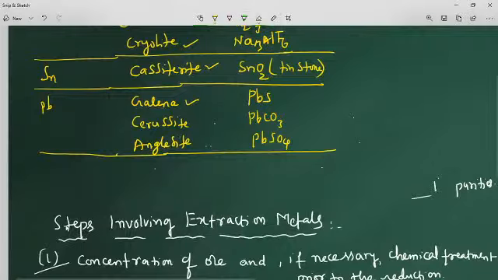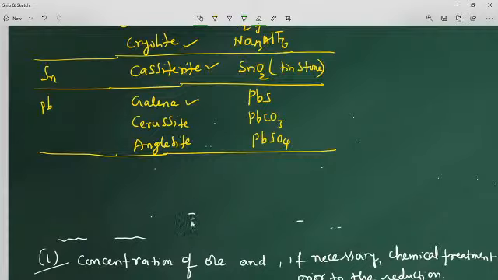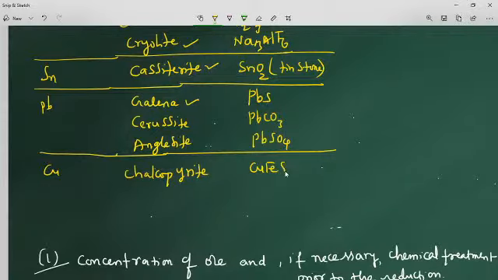Now we will talk about important ores of copper. The first one is chalcopyrite, that is nothing but copper pyrites, CuFeS2.